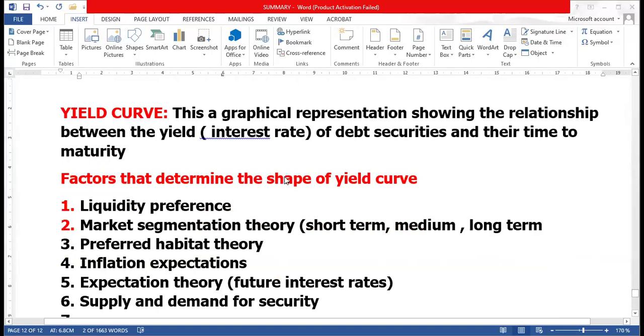That kind of movement changes this. When you draw the shape, I don't want to draw those shapes here, but technically, as long as you stick to 5 and you go beyond 5, the return is going to increase. The yield is going to increase. The more the time, the higher the yield.